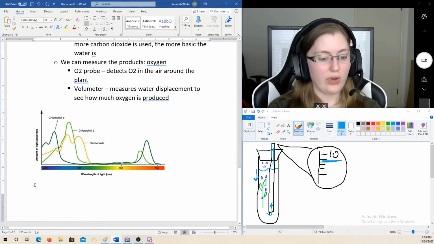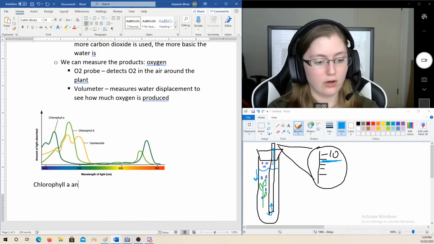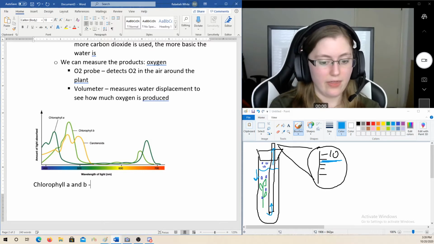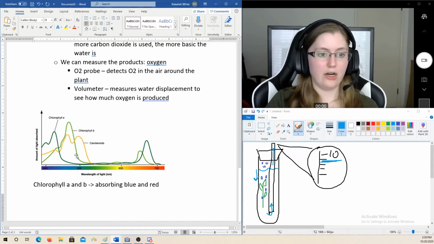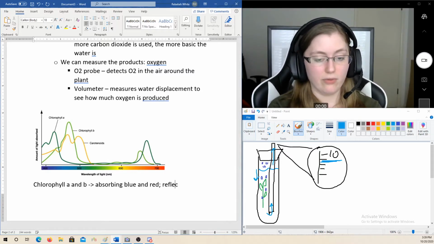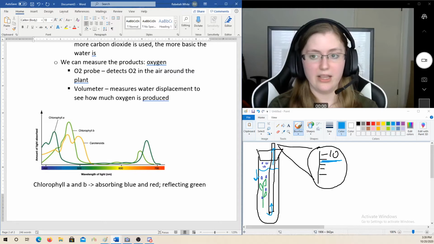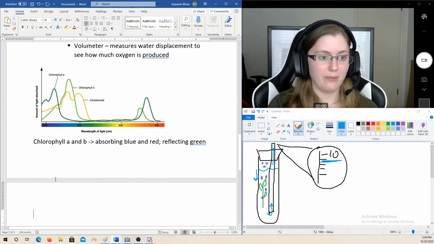Okay, so we can see here on our diagram, we've got chlorophyll A and B, and they are absorbing a lot of blue and red. So they're absorbing over here in the blue and purple spectrum, and then up here in the red spectrum. They are going to be reflecting green, right? They reflect the green back to our eyes, so we see the plants as green.